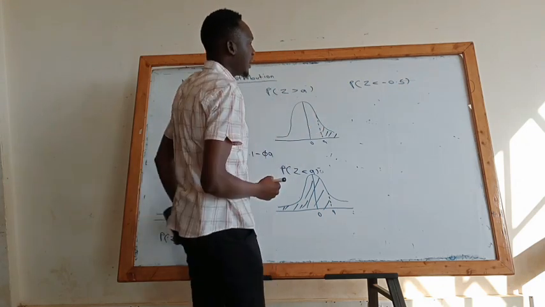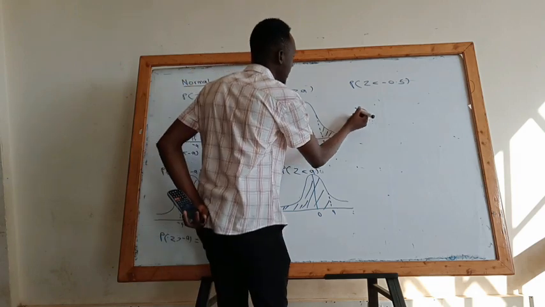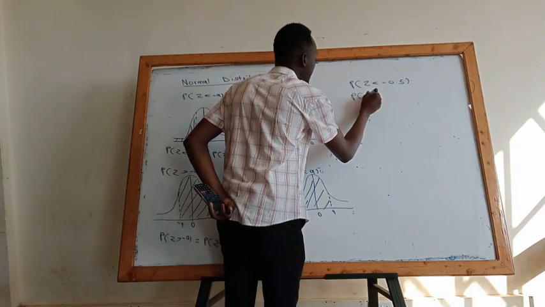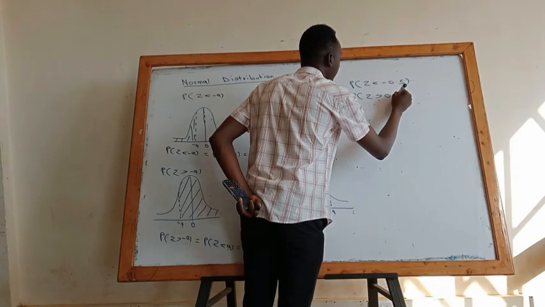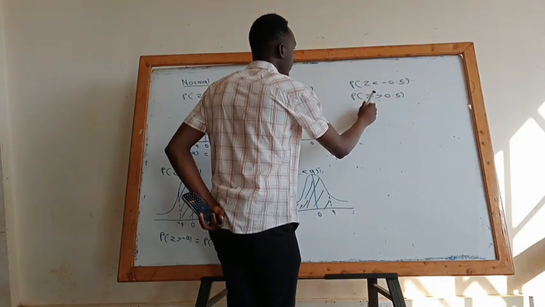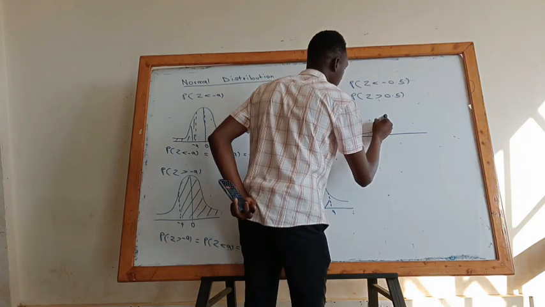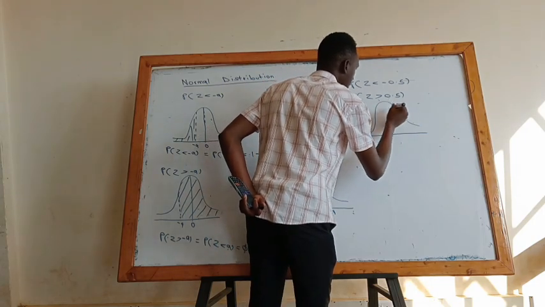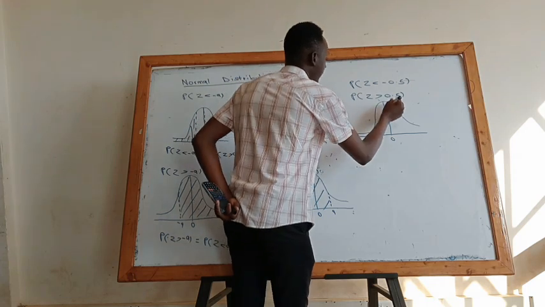Z less than negative 0.5, because of the property of symmetry, is also the same as the probability that Z is greater than 0.5. Let's draw the sketch. 0.5 is here.